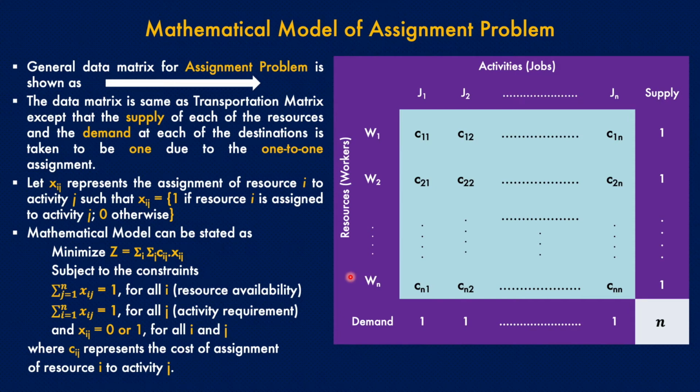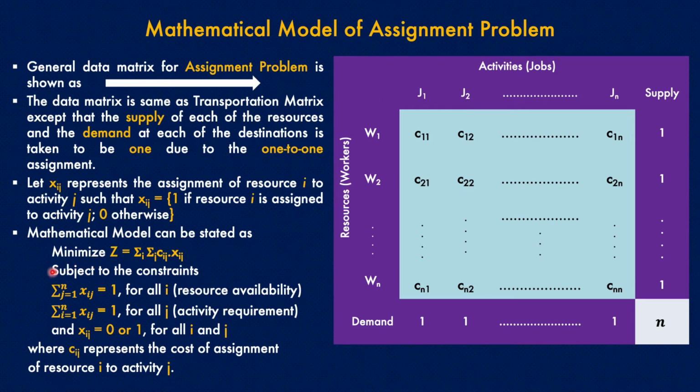Minimize Z equal to summation of i equal to 1 to n, summation of j equal to 1 to n, Cij into Xij, where Xij is the decision variable and Cij is the cost of assignment of resource i to activity j.